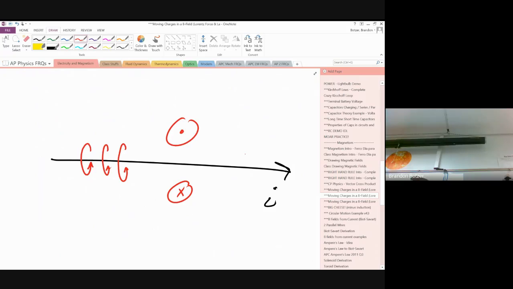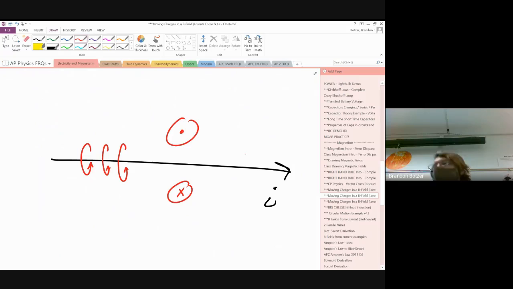If I take a tangent line from that circle, I'm going down out here. Behind the wire, then, I'm going up. We can envision a circle going around this. It's very weird to think about, but that is what's going on. And that is our right-hand rule for a current-carrying wire to figure out the direction of that B field.